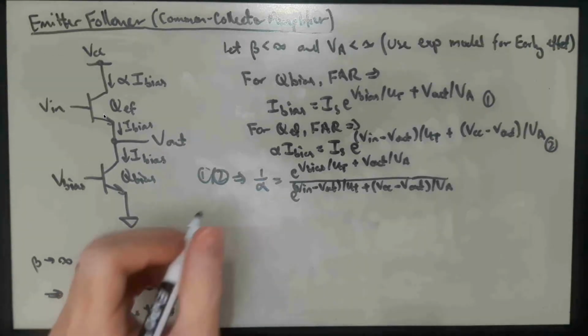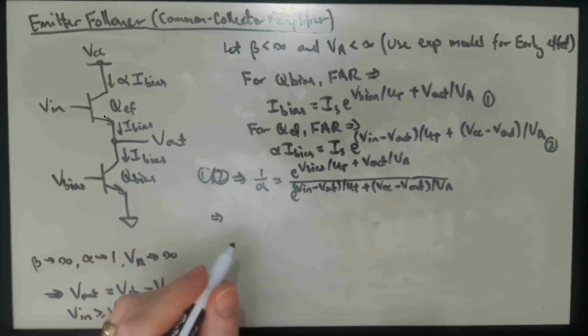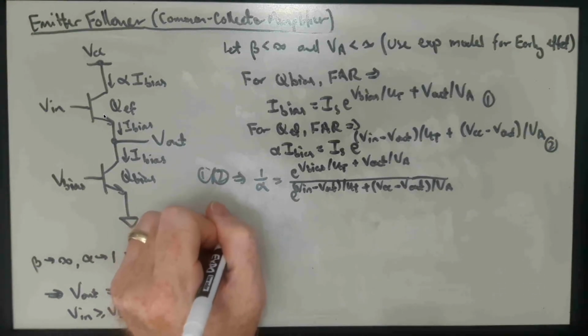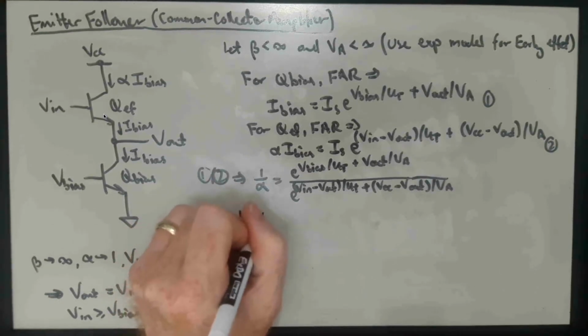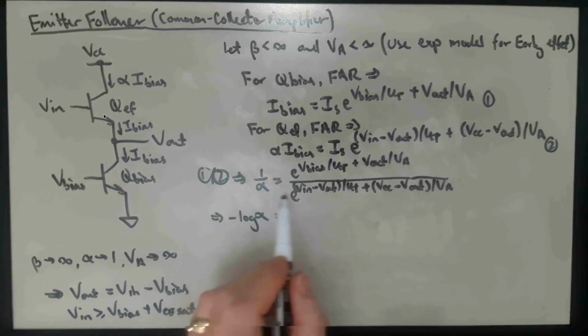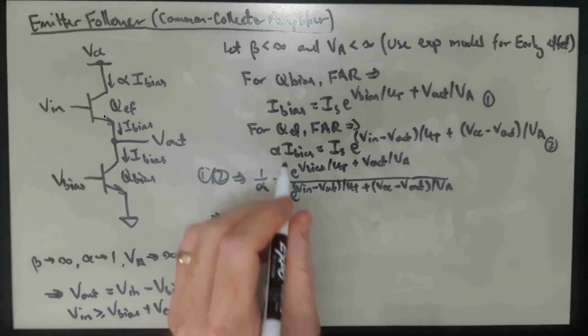And now we can write, if you like, we can take a couple of steps into account here, where we take the log of both sides, minus log alpha on the left-hand side. So we took the log of both sides and we took the 1 over alpha and we changed that into minus log alpha.